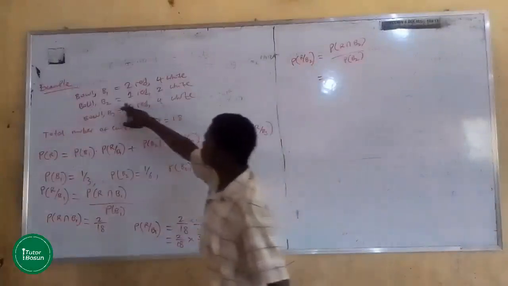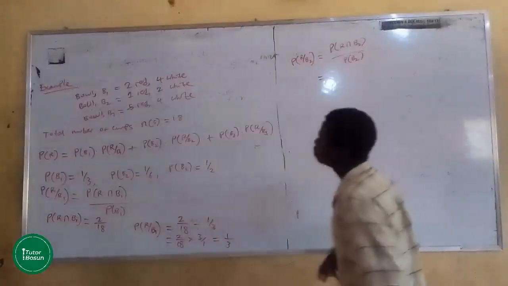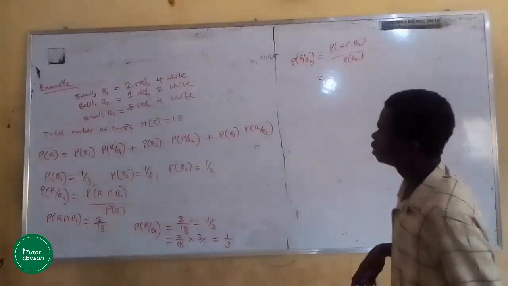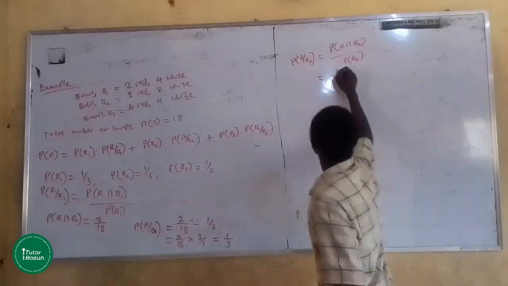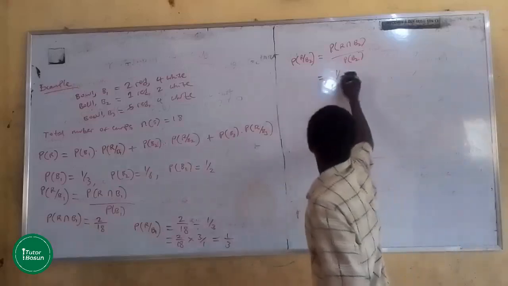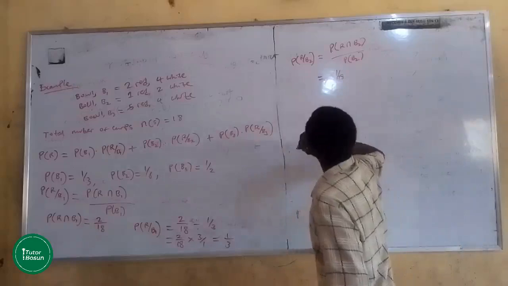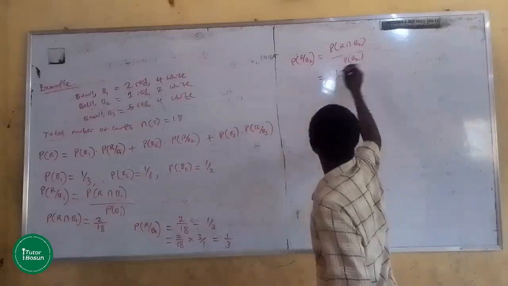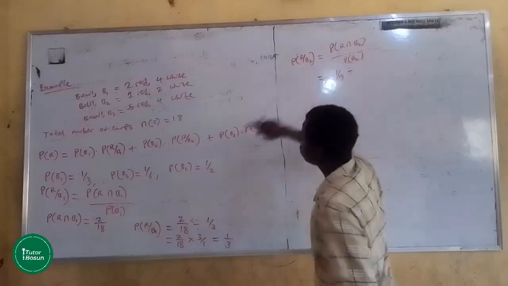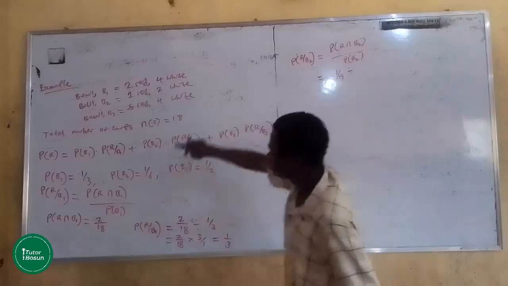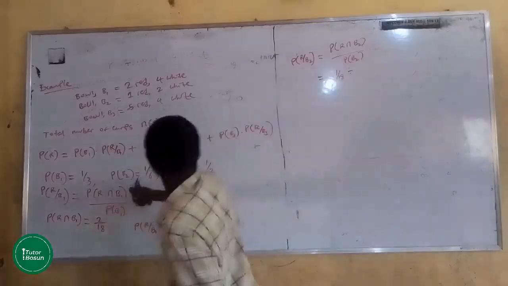We can determine that from the information given. How many reds are we having there? We are having one red, so that will be 1 over 18, divided by the probability of B2, which from the question is 1 over 6.